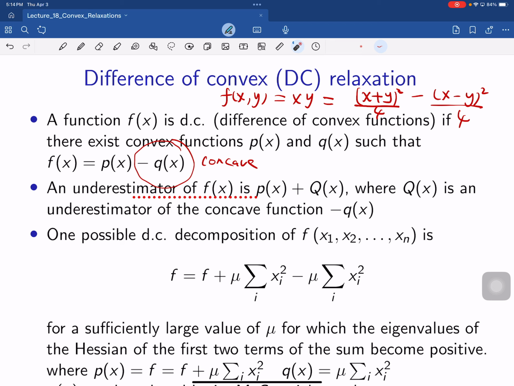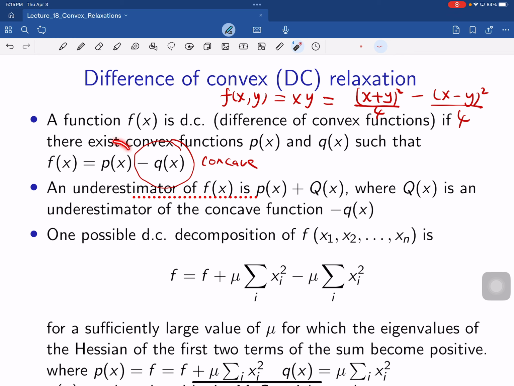Okay, again. The goal is you want to come up with some under-approximator of function f(x), which is some underestimator that is convex. So you represent f(x) as the difference of a convex function, or you can think about this as a convex function p(x) plus a concave function minus q(x), right?